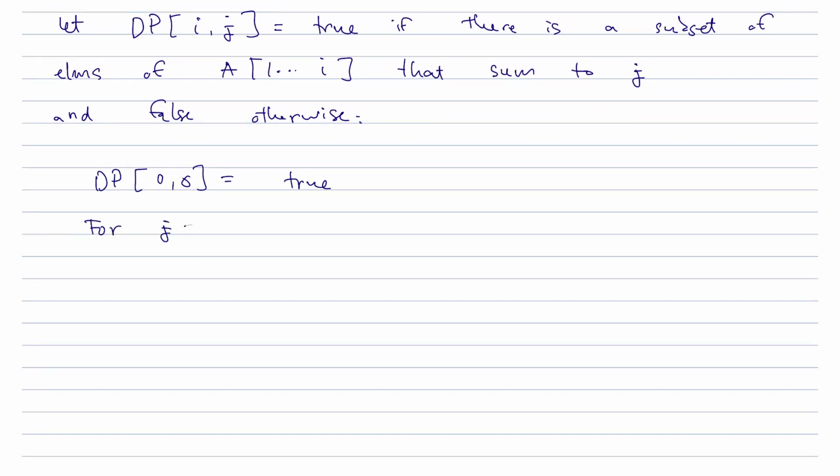Now, for j from 1 up to t, we have dp[0][j] is obviously false, because an empty set does not contain any subset whose elements sum to a positive number. That's all it means.